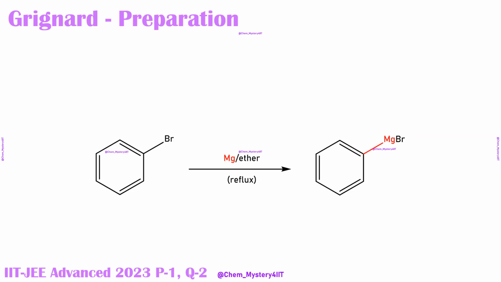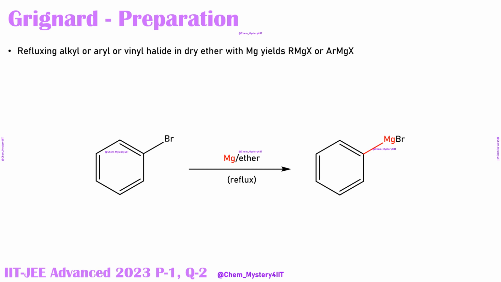Here we go. Talking about the Grignard reagent, we understand it can be prepared using any alkyl, aryl or in fact vinyl halides, reacted with magnesium in presence of dry ether. Dry ether is used as the solvent because this is an aprotic medium, as Grignard is highly basic in nature, apart from being nucleophilic.